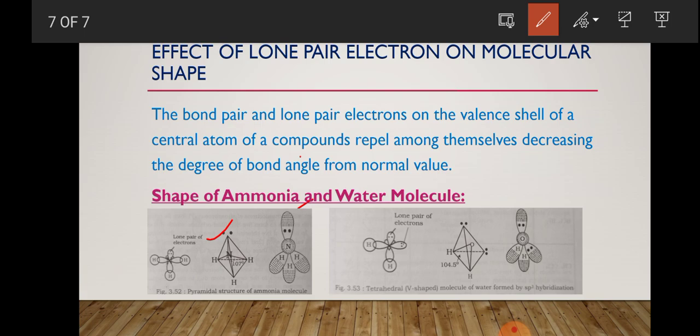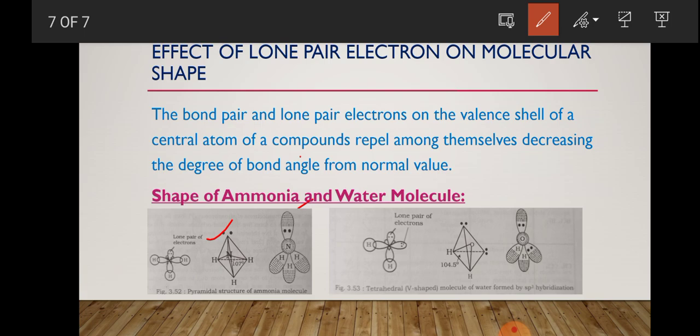When the central atom contains one lone pair electron in sp3 hybridization, the normal tetrahedral structure of the molecule is distorted and becomes triangular pyramidal in shape.